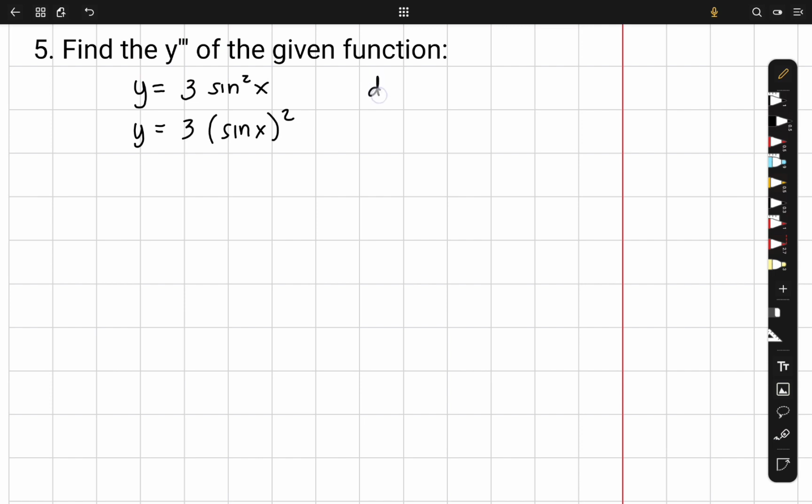So derivative formula ng sin u all over dx, that is cosine u times du dx. Right? Tapos, papansinin nyo, dahil nga ito is naka-raise siya sa exponent, so gagamitin natin is yung ating chain rule.